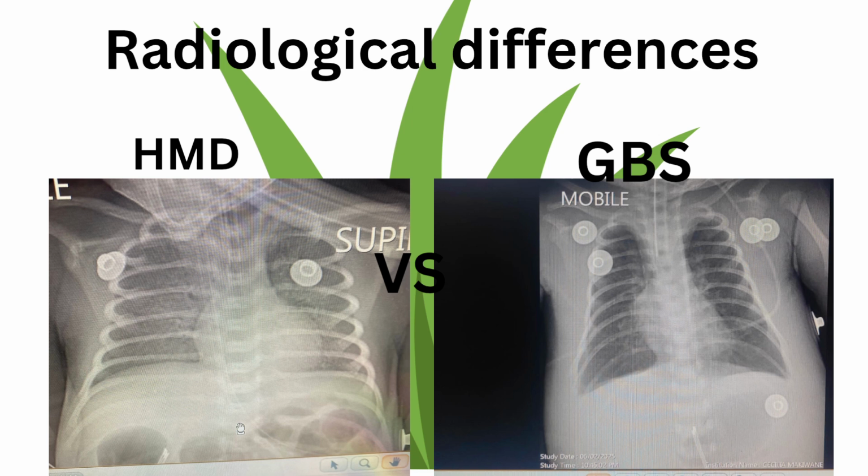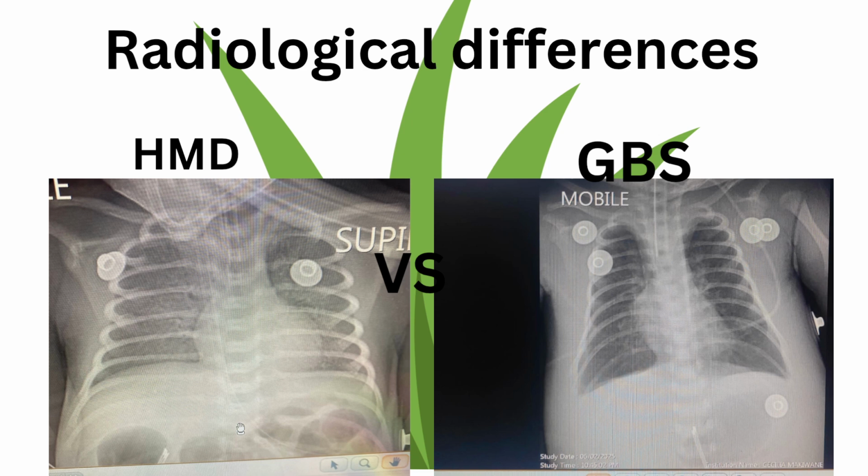These streaky interstitial infiltrates also give a background haziness, which will also look like a ground glass appearance. So that's why sometimes it's difficult to differentiate between these two, because both of them can look hazy, but one has normal lung volumes with diffuse streaky interstitial infiltrates, whereas the other has small lung volumes with a bilateral reticulogranular pattern.